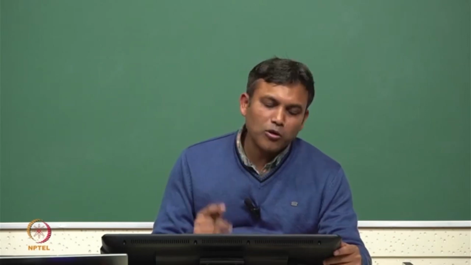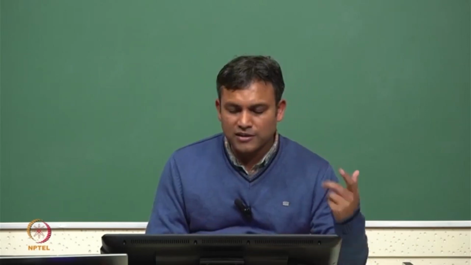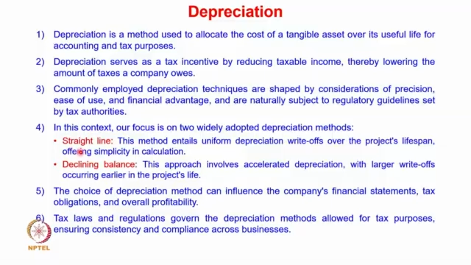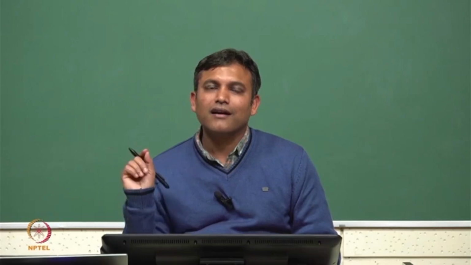There are two types of depreciation calculations. The first one is the straight line calculation. This method entails uniform depreciation write-offs over the project lifespan, offering simplicity in calculation. So we are finding the depreciation in a linear manner. Straight line depreciation we are assuming here.